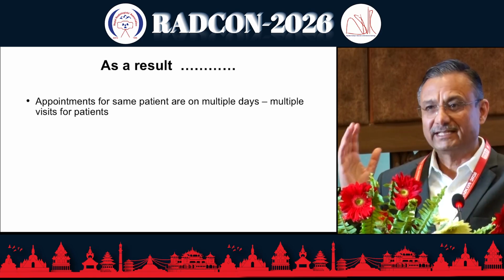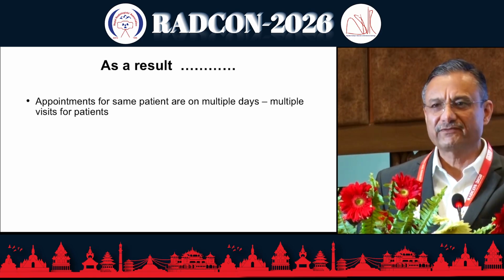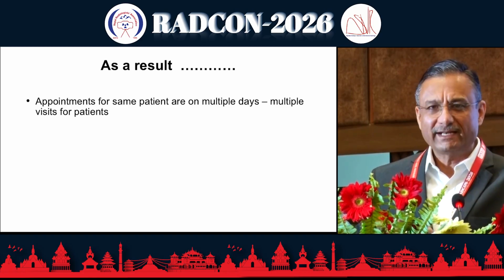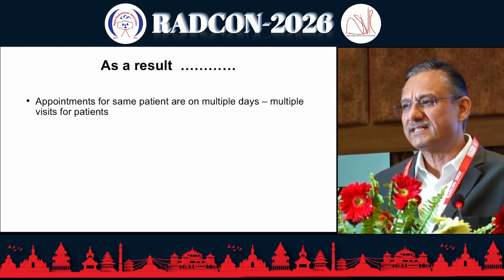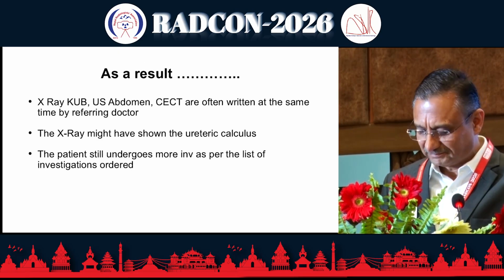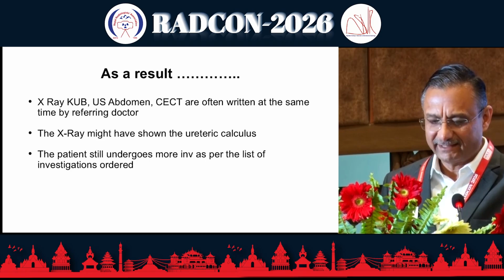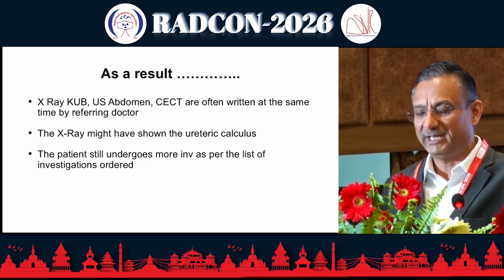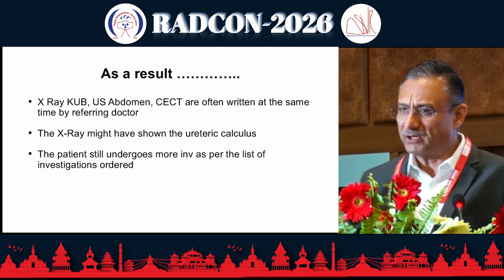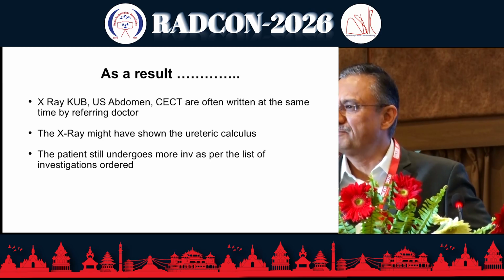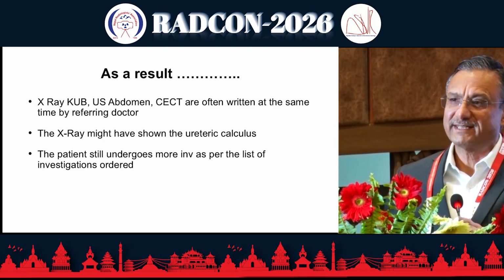So what happens? The same patient, because the waiting period is different, has to come on multiple occasions to the same department to get this set of investigations done. So, as I said, an X-ray would be done and an ultrasound for a renal colic would be done much later. And it is possible that the X-ray would have already given the diagnosis. But then the patient has already been advised those tests.